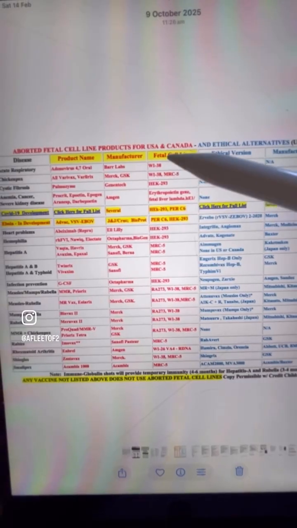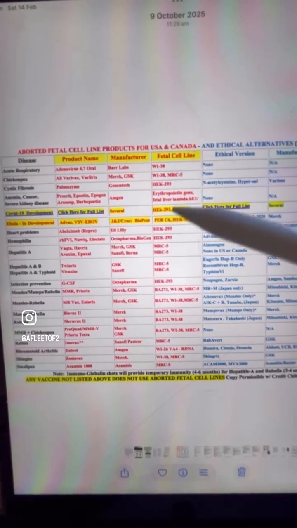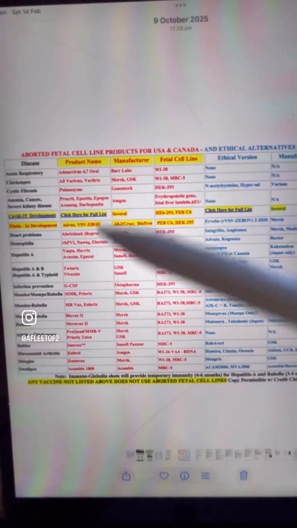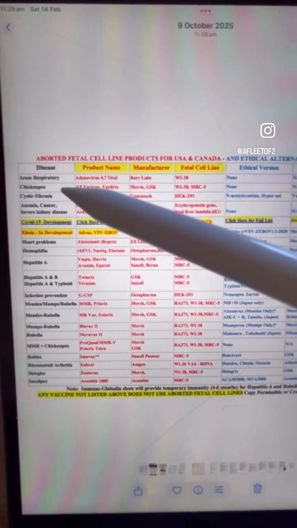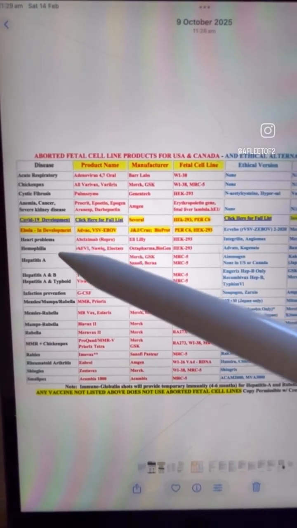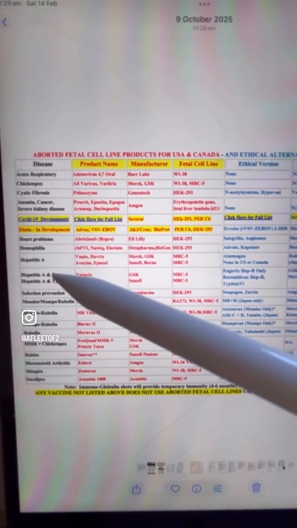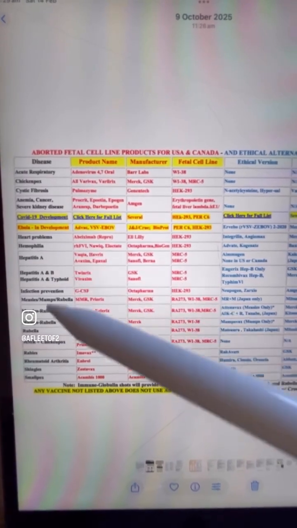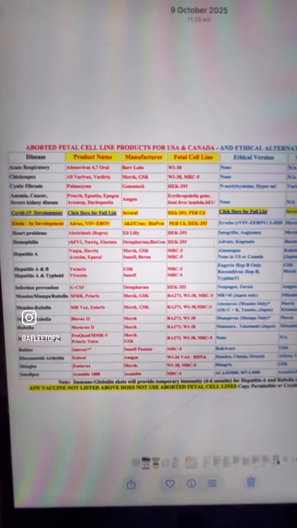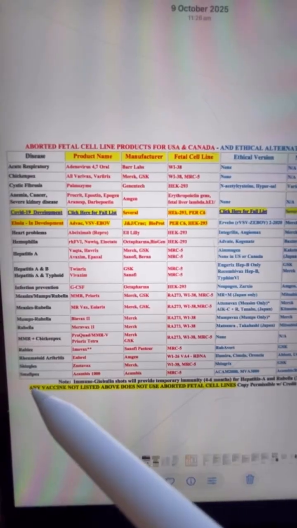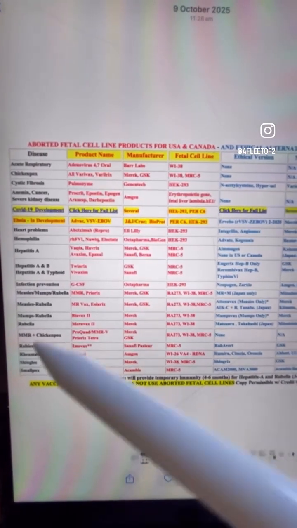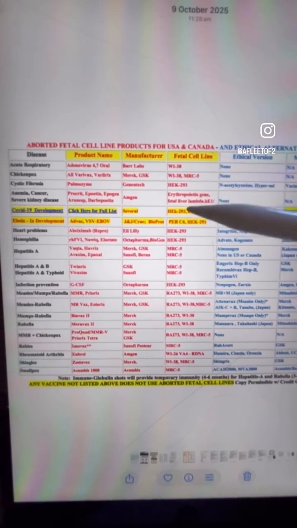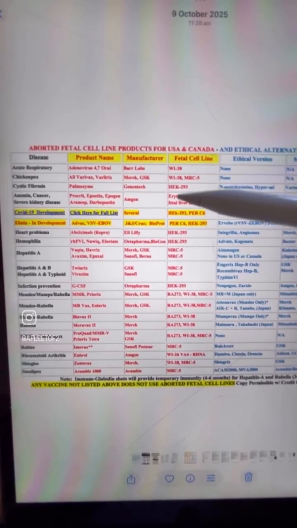These are all derived from different body parts of a fetus, and you get vaccination for acute respiratory illness, chickenpox, cystic fibrosis, heart problems, hepatitis A, B. I've actually had this hepatitis A, B, measles, rubella. I've had all of these vaccines. Smallpox, I've had smallpox.